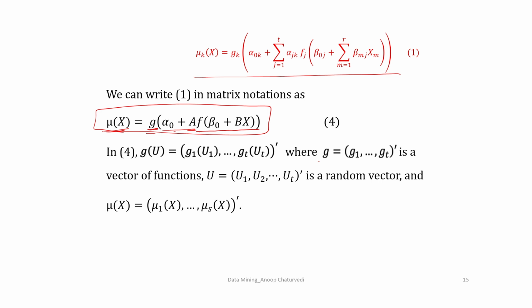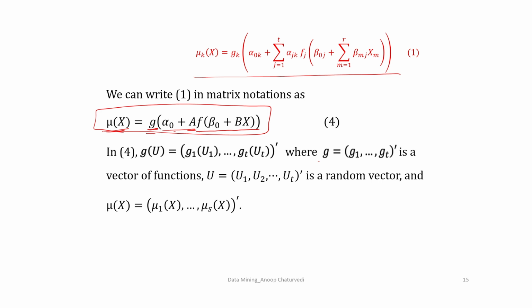Now, in this equation 4, G of U is equal to the transpose of G1 of U1 and so on up to GT of UT. Actually, this G is a vector of functions, and U equal to U1, U2, up to UT, transpose, this is a random vector.